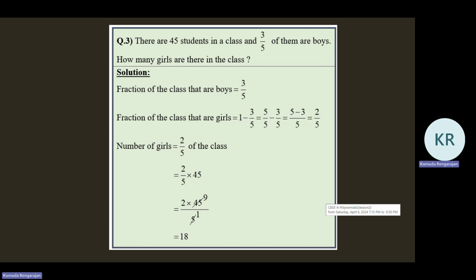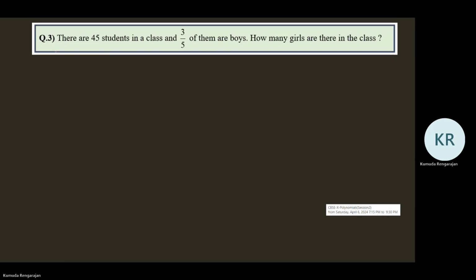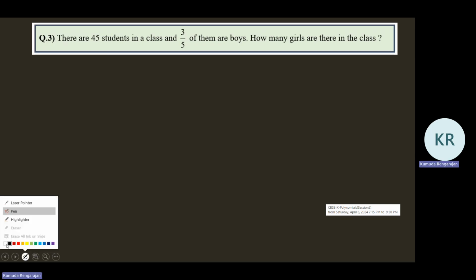Completed, all of you? Now, what's the other way of doing it? How will you find the number of boys? Hatakshi? Number of boys is equal to 3 by 5 of the class.